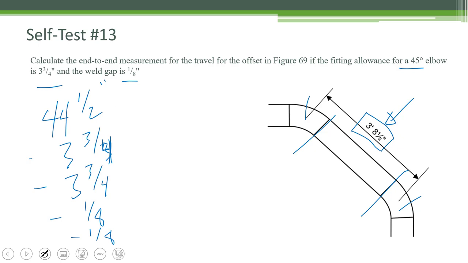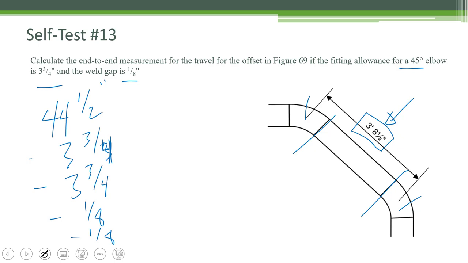Okay, if you want to convert all these fractions to decimals, power to you, but you can also enter fractions into your calculator. So that's what I'll do. Or, truthfully, lots of these decimals are pretty easy, but let's go 44.5.